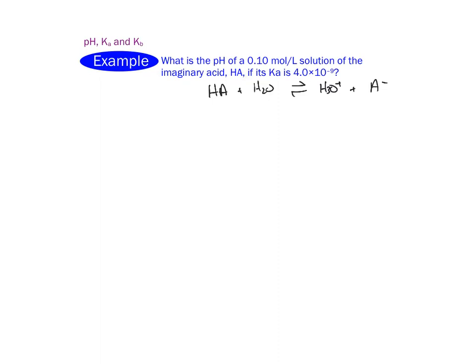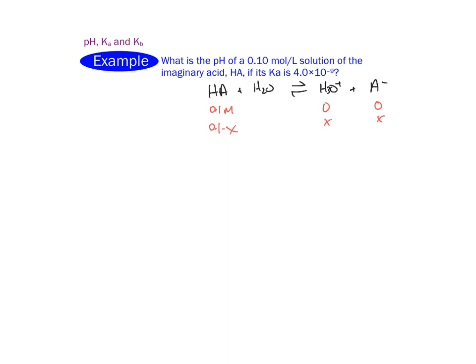Okay, so here's what we know. Initial concentrations. Well, the initial concentration is going to be 0.1 molar. That's going to be nothing. That's going to be nothing. We know that here it's going to be X and X, and we're going to have 0.1 minus X here. We don't know what X is, but that's what we know.